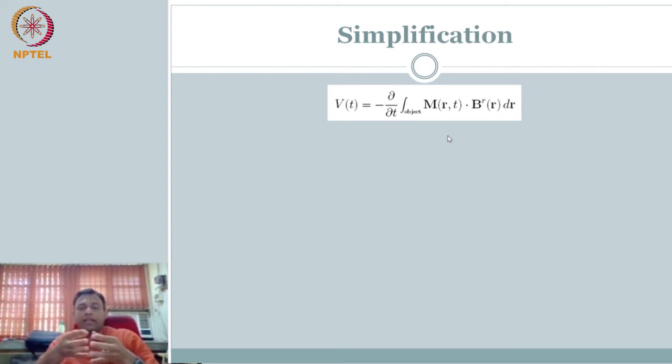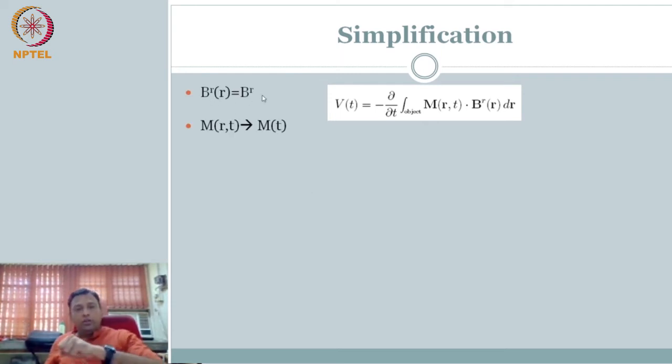That is, you take a sample volume and say this is a homogeneous sample volume, right? Then I can get rid of this r. So what I have done is, let's assume B_R(r) is B_R, that is, the coil has uniform sensitivity. Then I have M_R(t) reducing to M(t), meaning I've taken a small volume, so it's a homogeneous volume. There are not many changes within the given volume.